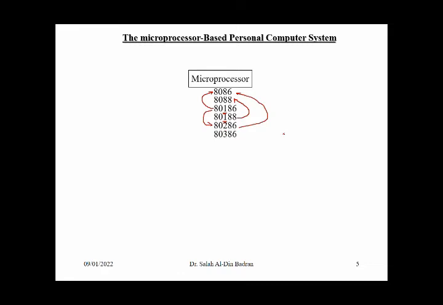The same thing applies for this type, 80386 and 80486, with numbers in the middle. And the company that produces these types of microprocessors is Intel.